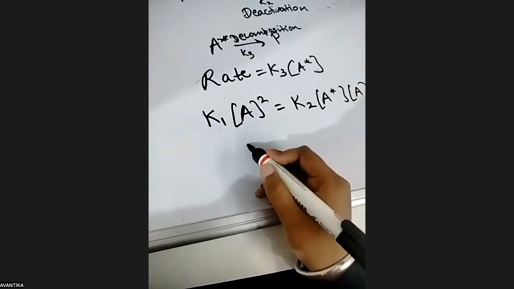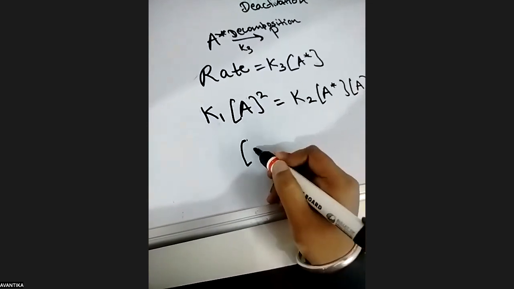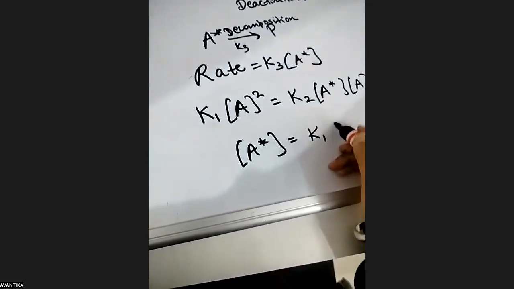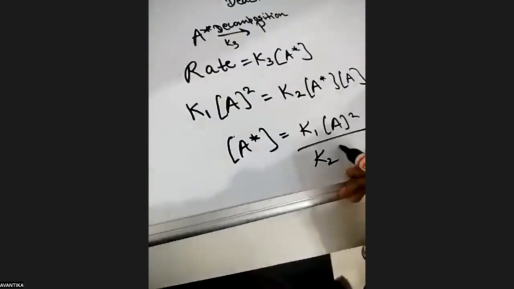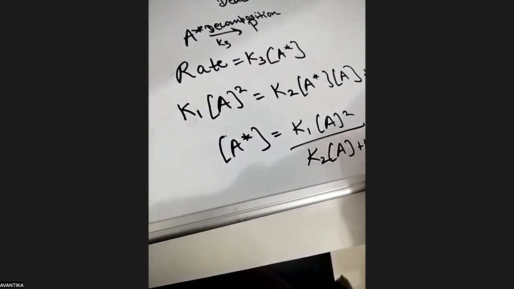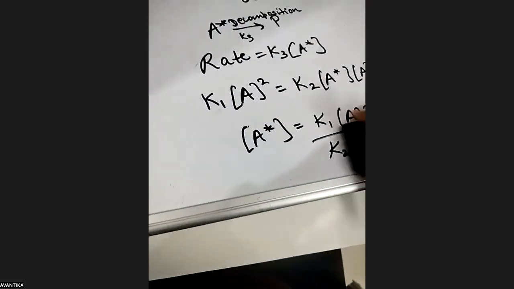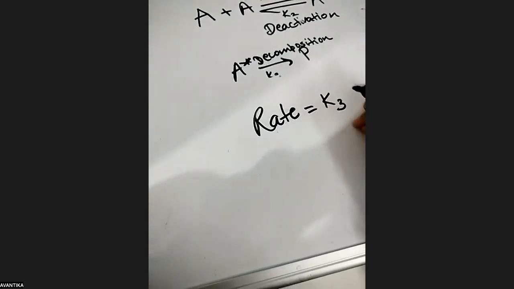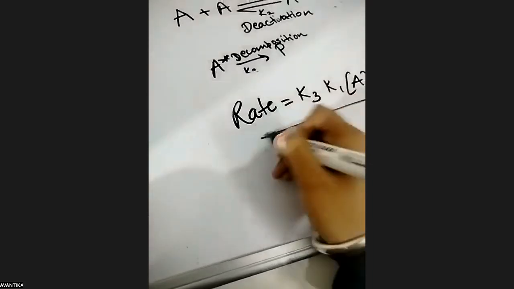So here we will find A star as K1 A squared by K2 A plus K3. So from here we found the rate for Lindemann theory of unimolecular reaction. Rate is equal to K3 K1 A squared upon K2 A plus K3.